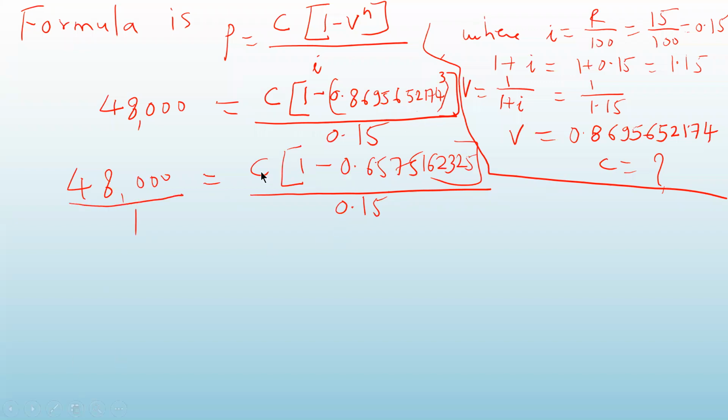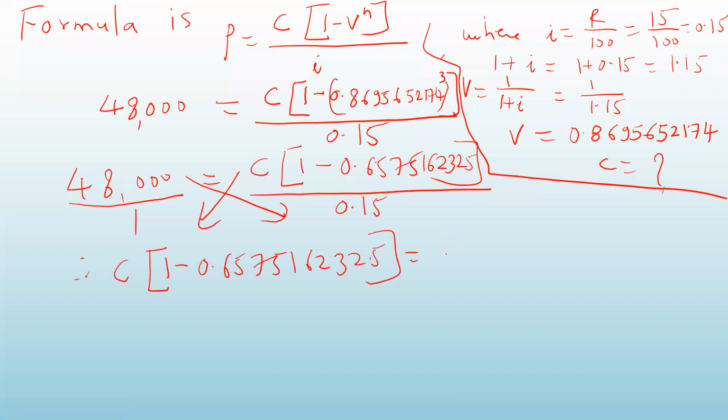So to find out the value of C, first of all, get rid of this denominator. So do the cross multiplication. This whole thing multiplied by 1 will give you the same number back. So C into (1 minus 0.6575162325) is equal to 48,000 into 0.15.